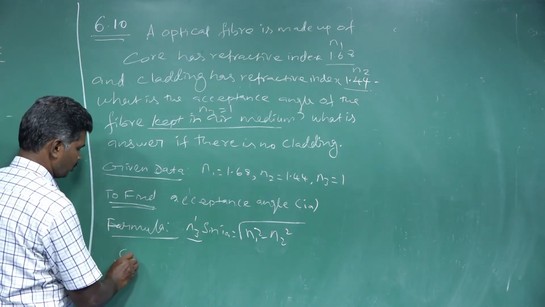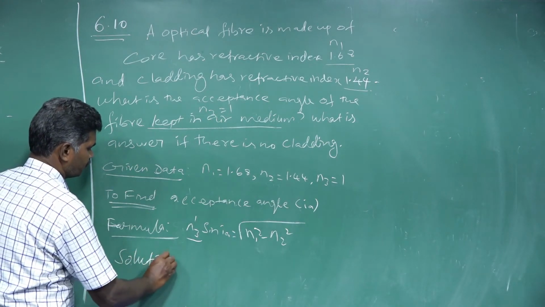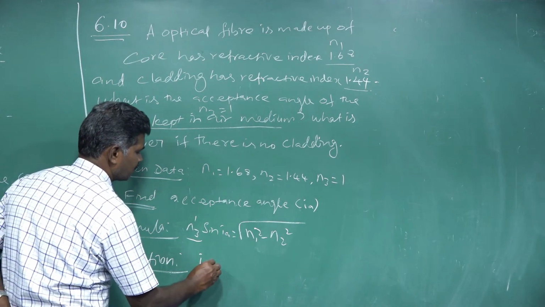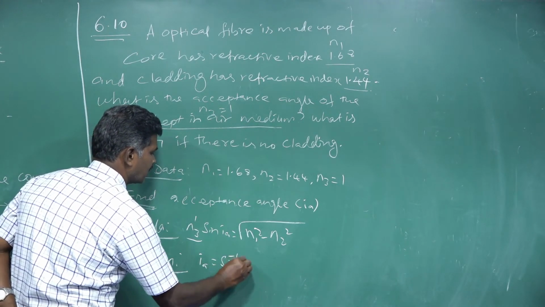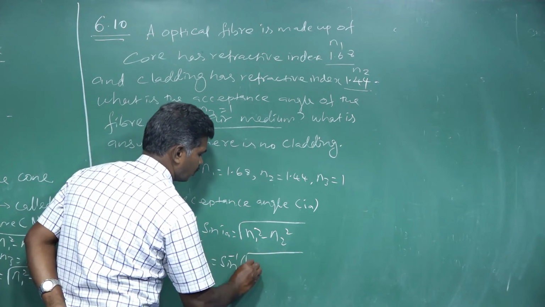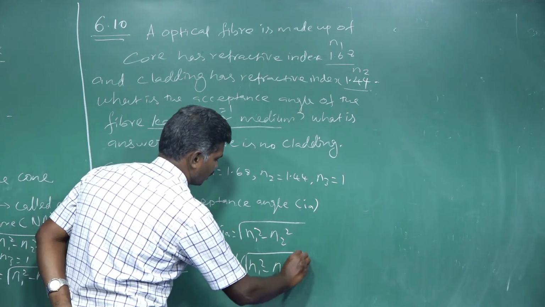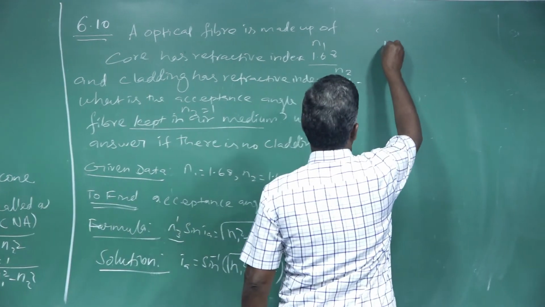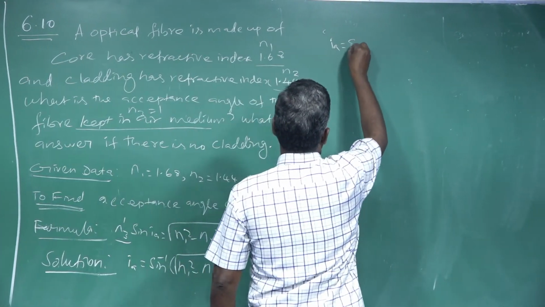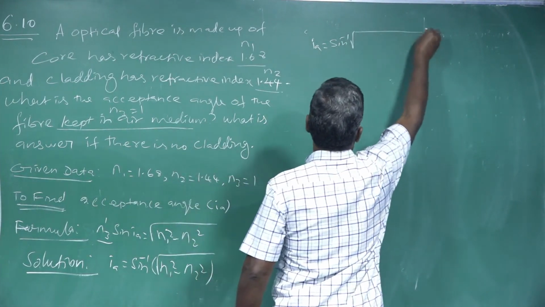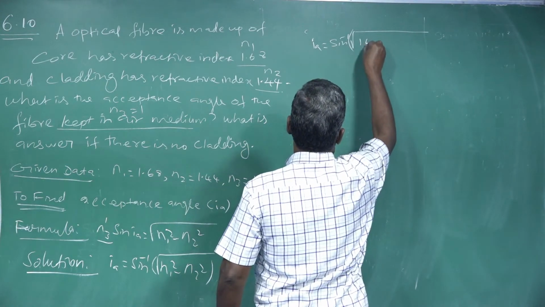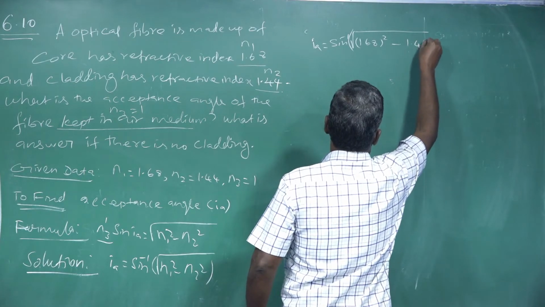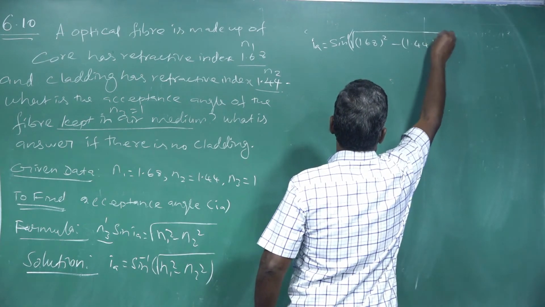That's why in the solution, IA is equal to sin inverse of square root of n1 square minus n2 square. Now we substitute: IA is equal to sin inverse of square root of 1.68 whole square minus 1.44 whole square.